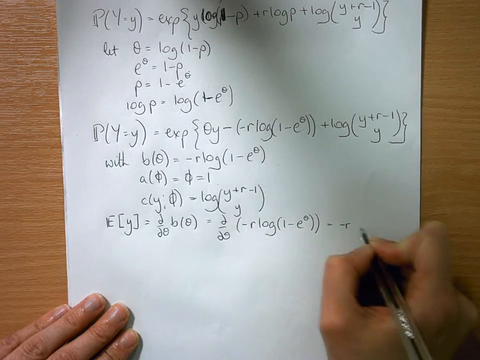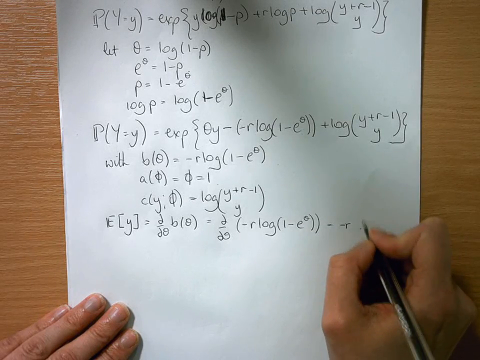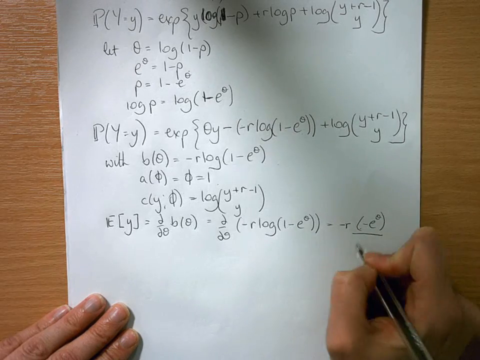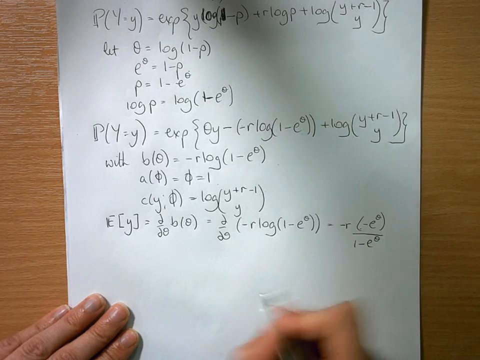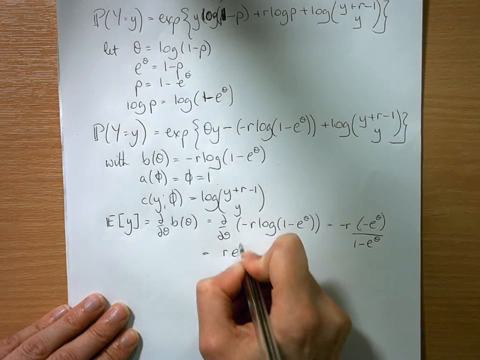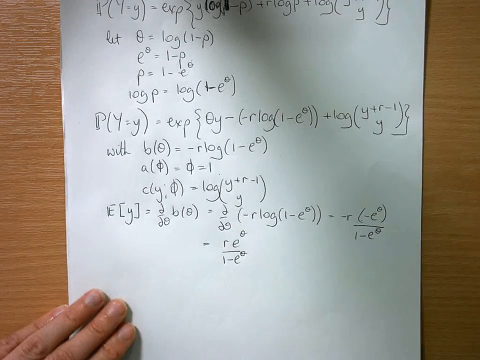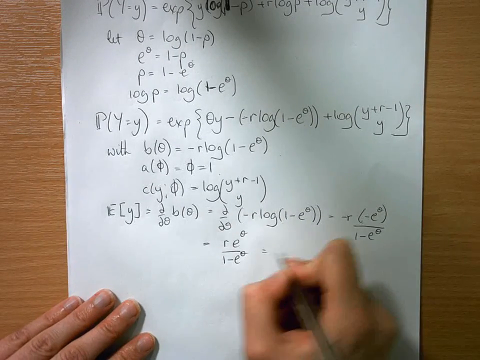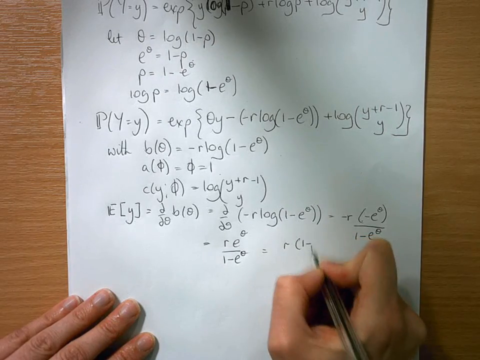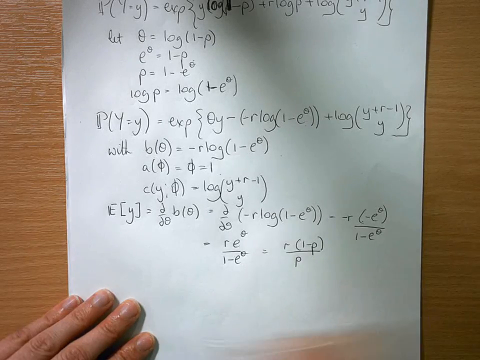So it's equal to minus r times, and then we differentiate that, which we get a minus e to the theta on the numerator and 1 - e to the theta on the denominator, which when we do that is r e to the theta over (1 - e to the theta), which then corresponds to r times (1 - p) over p.